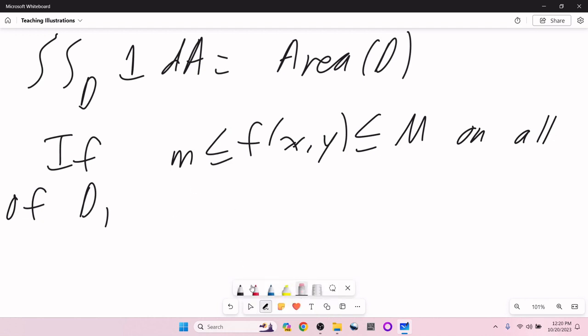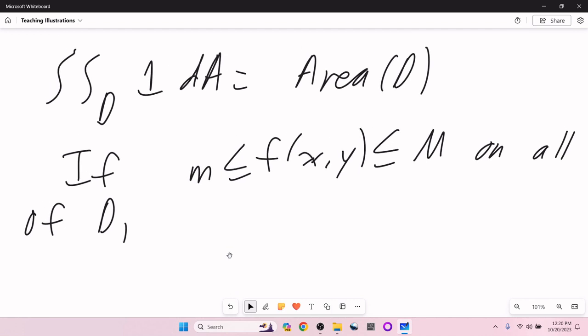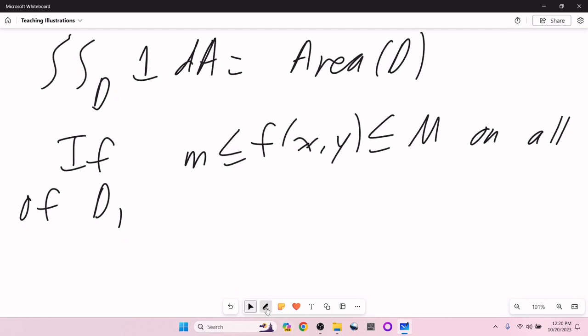Sorry about that. If m and M are bounds for f of x on all of D, well, monotonicity says we could do the double integral for each of them.